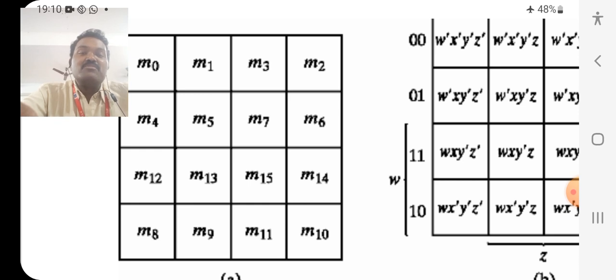Then minterm 12 goes to third row, first column. Minterm 13 in third row, second column. Minterm 14 in third row, fourth column. Minterm 15, M15, in third row, third column.